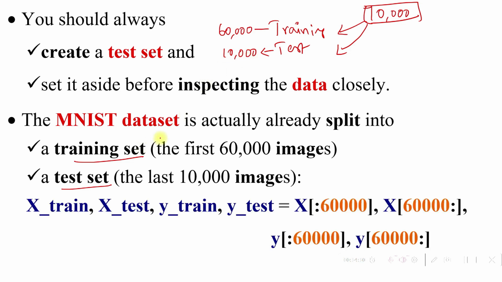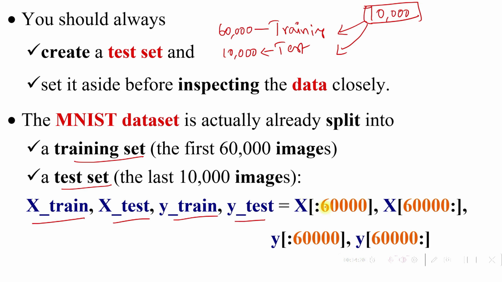Now, how are we going to split the data into two parts? There are different ways to split the data into training and testing. Here we use X_train, X_test, y_train, and y_test.